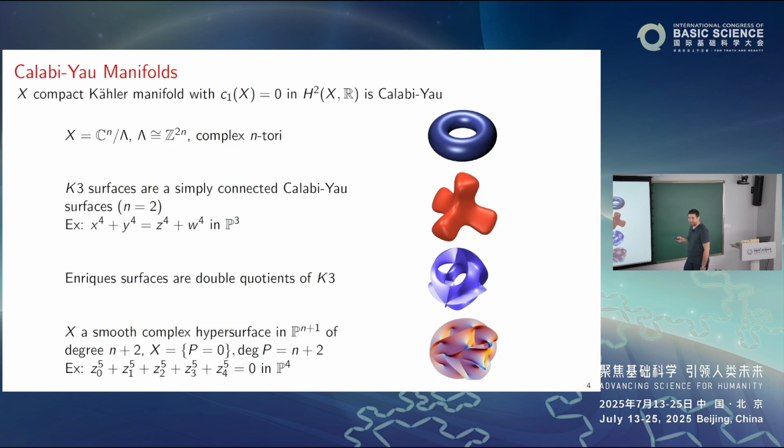These would not be called Calabi-Yau by many purists. So better ones are so-called K3 surfaces. One way to define them is just to say that they are Calabi-Yau of complex dimension 2, which are simply connected. So it's just a definition, but there are many, many examples. For example, this equation in projective space P^3 over the complex numbers defines a K3 surface.